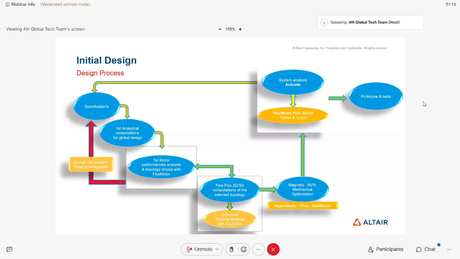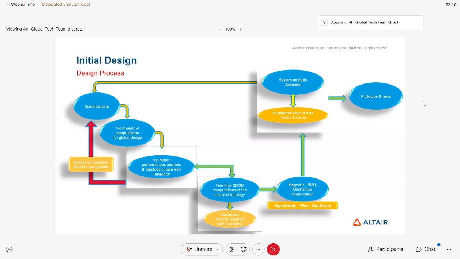And if we have some advanced cooling strategy, then we need to check that as well. So this is from magnetic and thermal. We need as well to check the mechanical constraints and the NVH behavior of the motor. There are some applications that are sensitive to NVH, for instance. So this is a key point that we need.